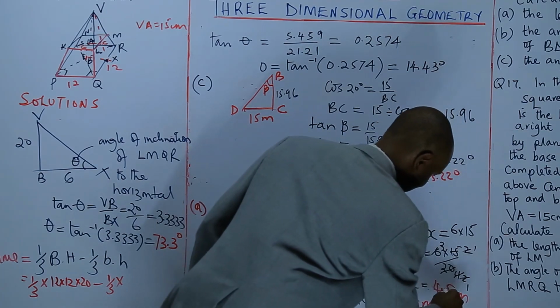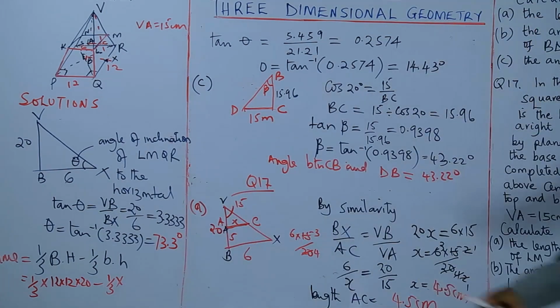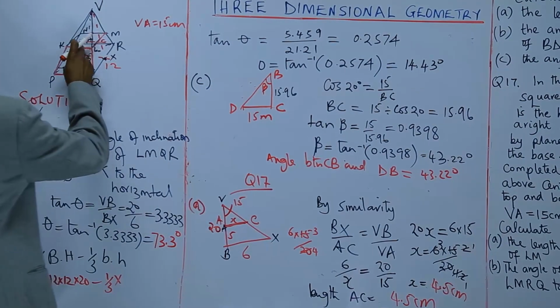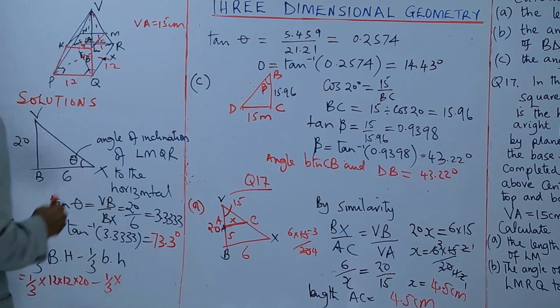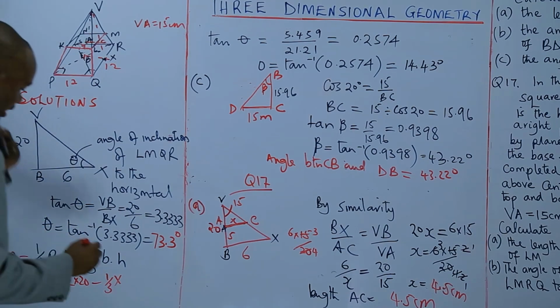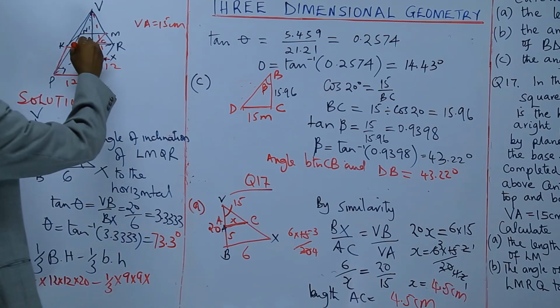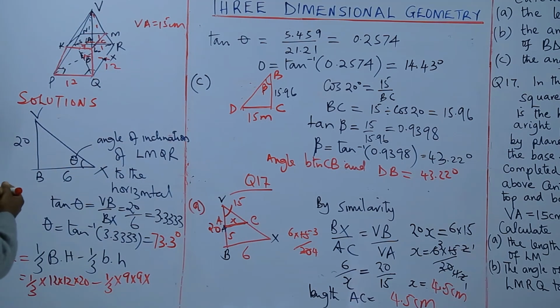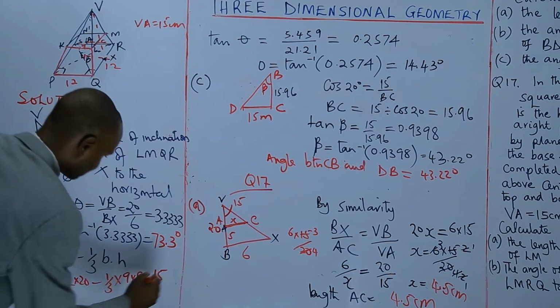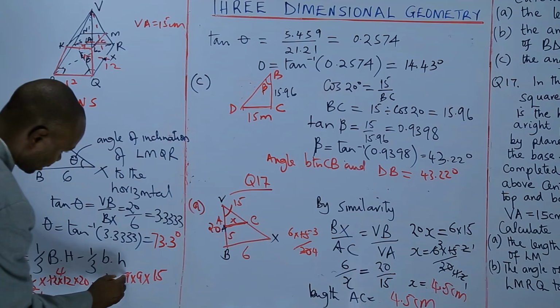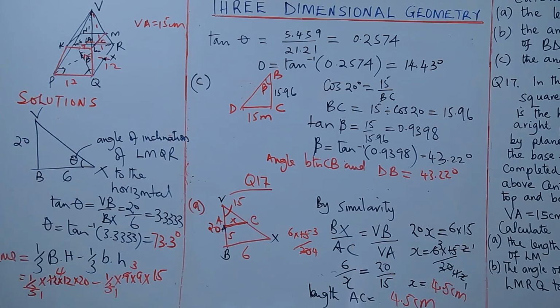It's always good to check. It was 4.5 centimeters. So this will give this one here as 9. So it will be times 9. The height there is 15. So you just multiply 1, 4. This is 1, 3. So that one works too.